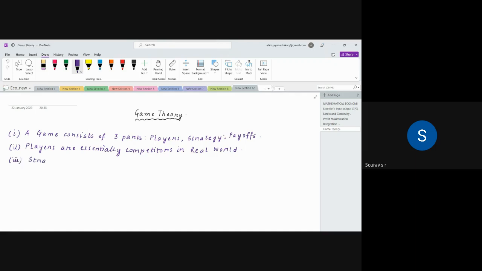Strategy is the response by a player to any given situation.